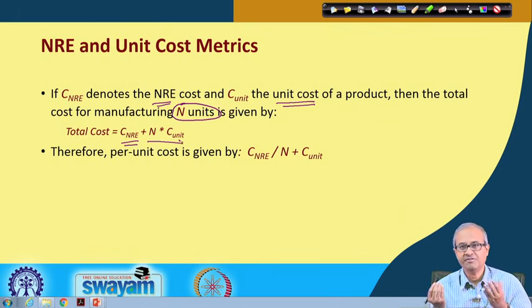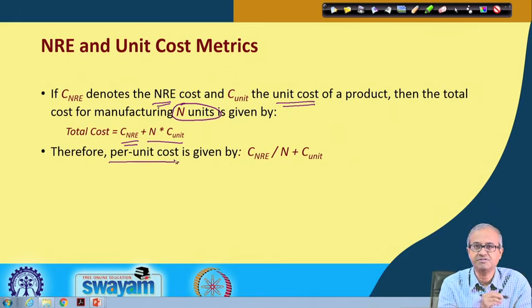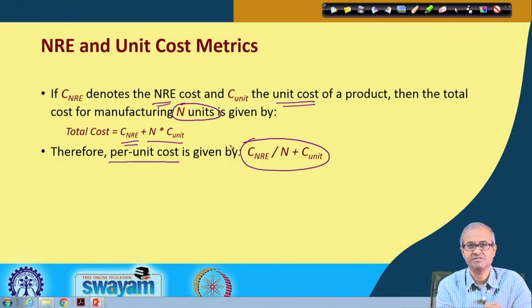Now, if you want to calculate the cost incurred per unit, you divide the total cost by the number of units, n. So it becomes C_NRE divided by n plus C_unit. This is your per unit cost.